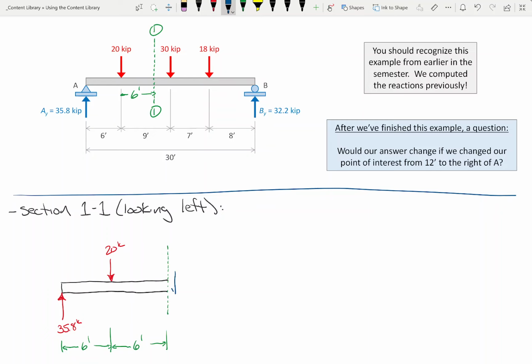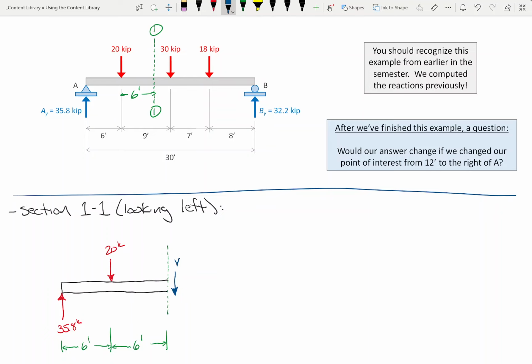So I'm going to draw that in its positive direction. This is going to be a little different than how we did truss analysis. Remember when we were doing the method of joints, we would try to predict whether the member is in tension or compression? We're not going to do that here. We're just going to automatically draw everything in its positive direction and then let the positives or negatives work themselves out. Moments, which is positive moment?